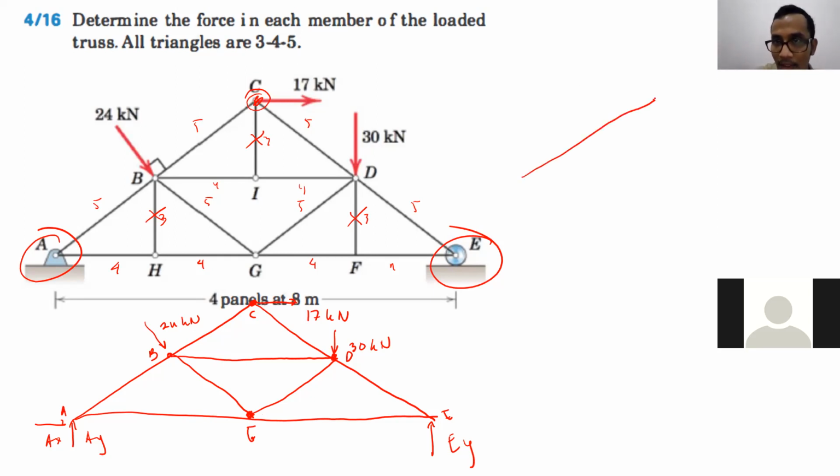This is the first thing that we're supposed to solve, this particular free body diagram to solve for external forces. We have a 17 kilonewton. We don't look first at the internal joint. We don't look first at the internal member.